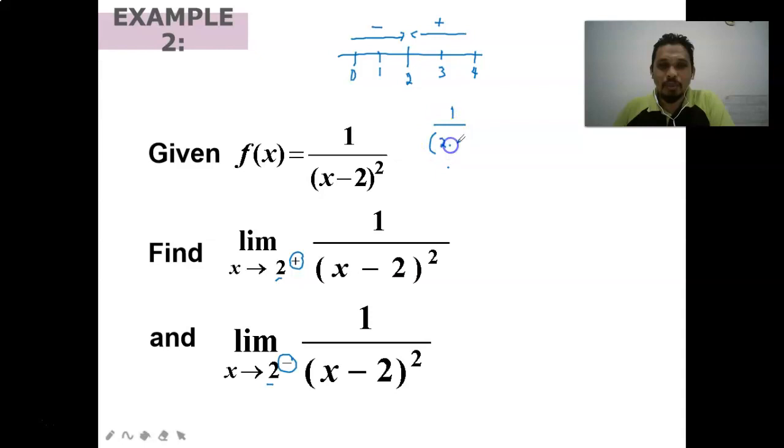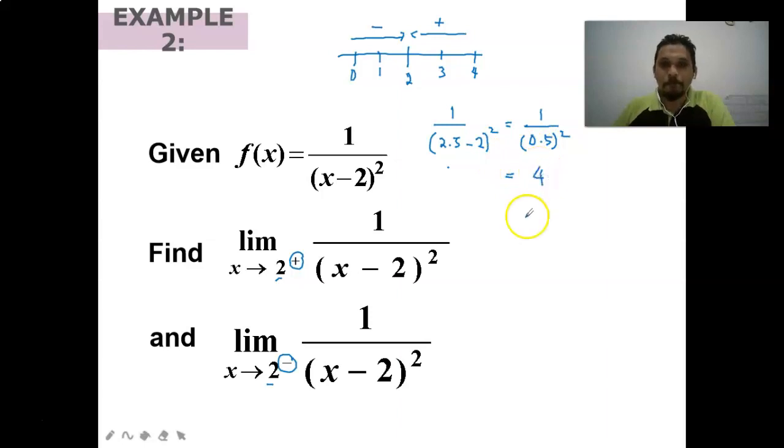Then 2.5 minus 2 is 0.5, so 1 divided by (2.5 minus 2) squared equals 1 divided by 0.5 squared, which equals 4.